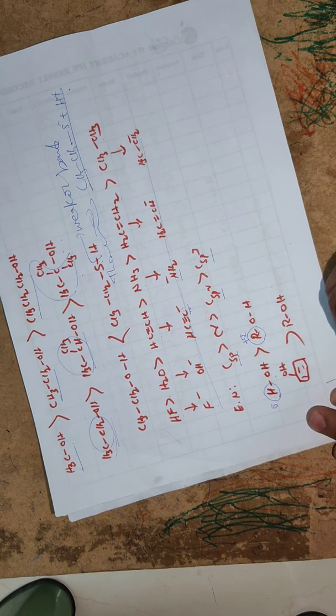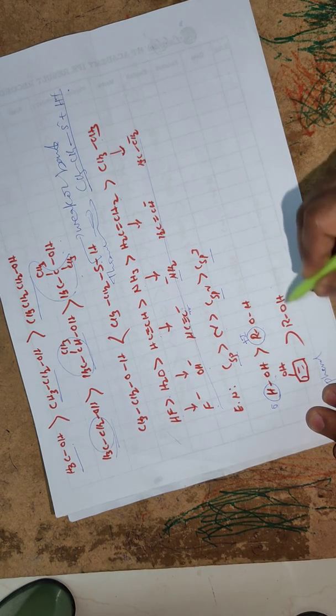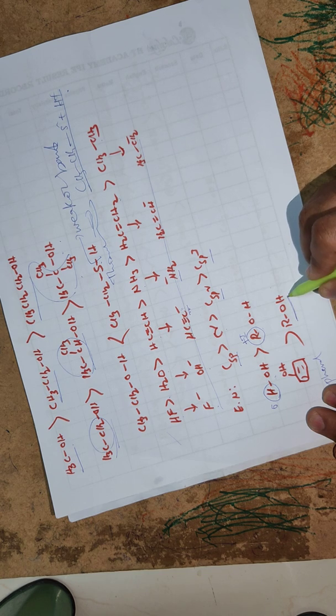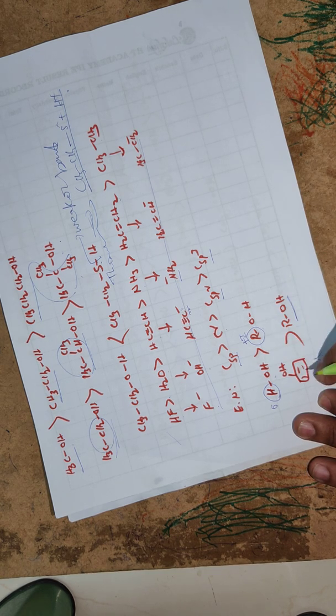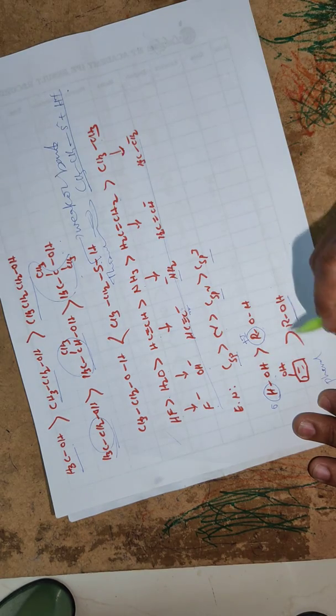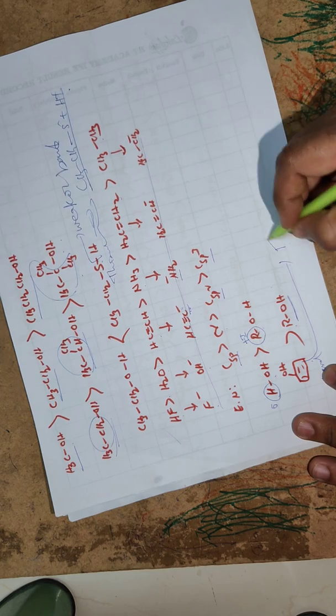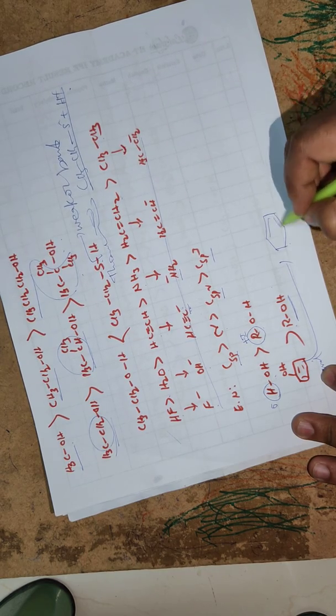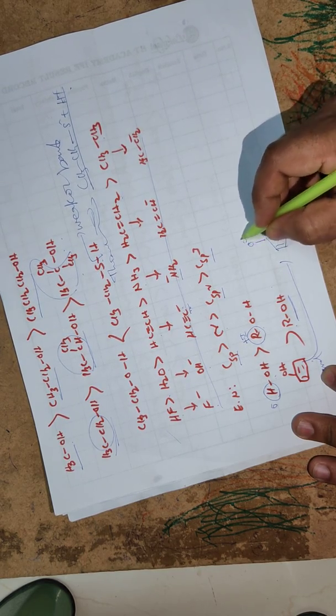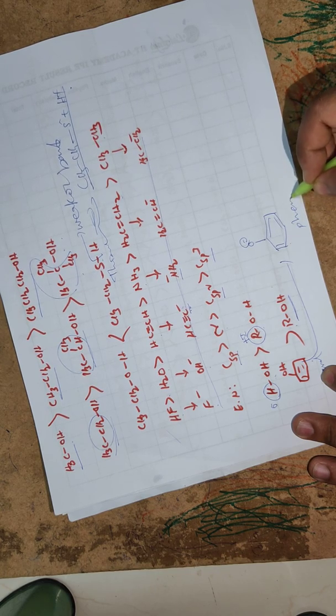Now here this is a phenol and this is an alcohol, an aliphatic compound. Between these two, phenols are more acidic. That means finally we can give one statement: phenols are more acidic than alcohols. Because the conjugate base of phenol is the phenoxide ion.